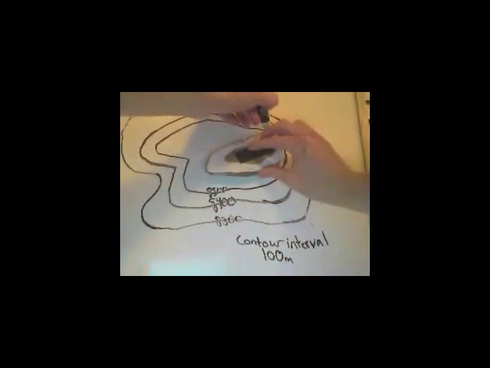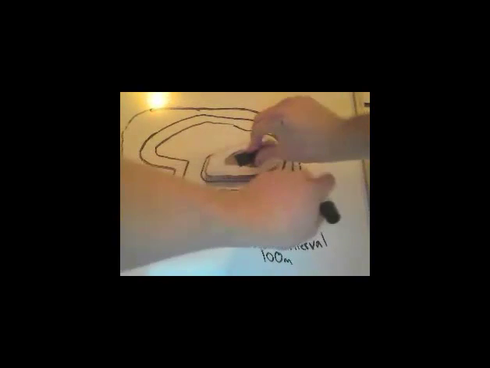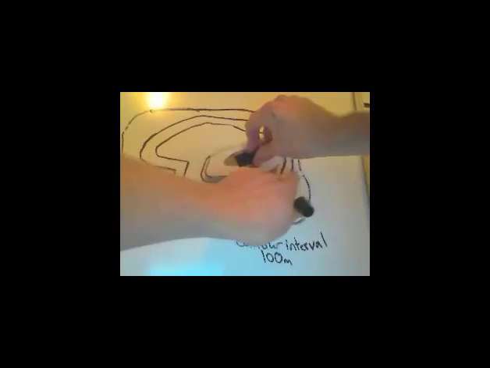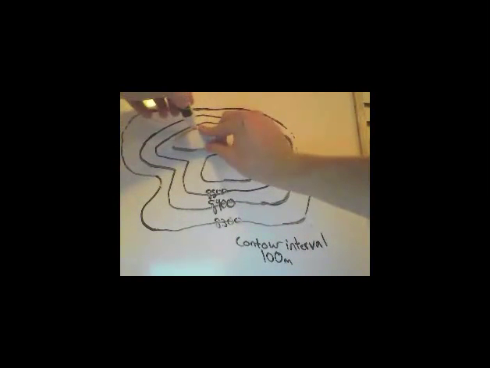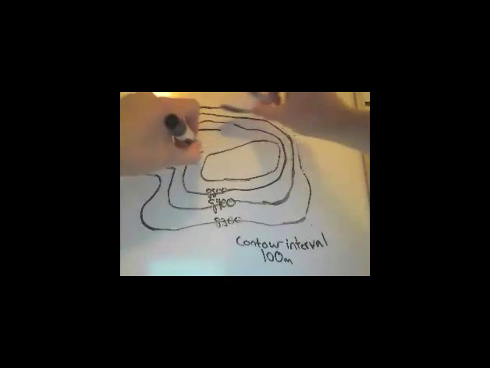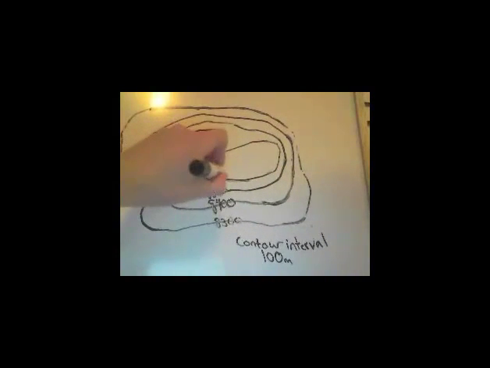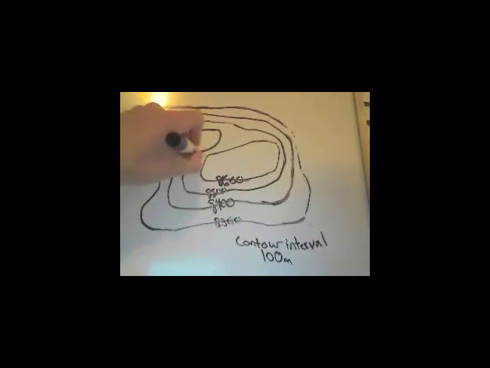The next section is where it becomes a little bit tricky. You're going to have two sections to add on the board. However, they both represent the same land elevation. They're both going to represent 8,600 meters.